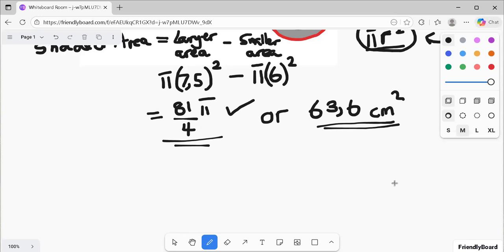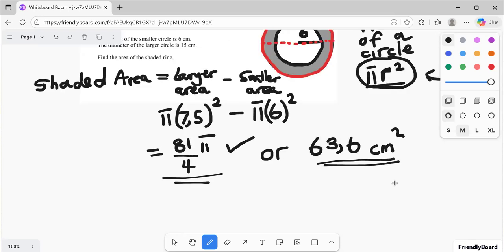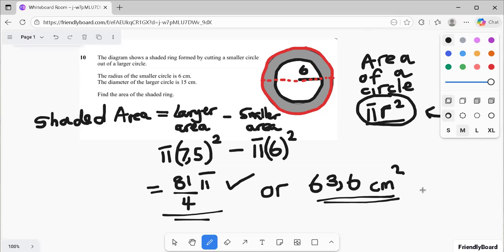I first worked out the area of the larger, then I subtracted the area of the smaller, which gave me 81 over 4 pi, or 63.6 centimeters squared. So that's how I worked out the area of the shaded region.